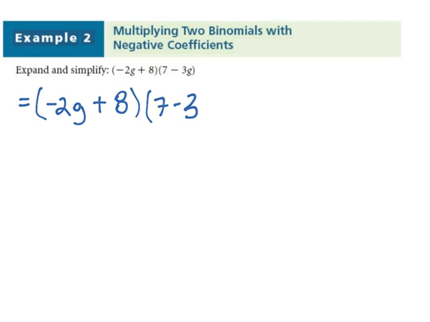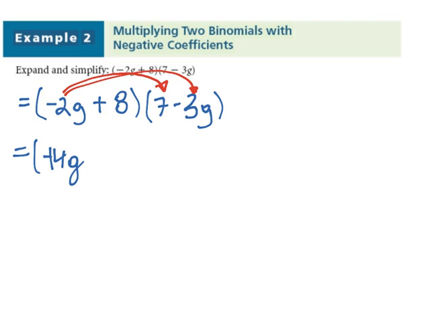Again, it's good practice to draw the little arrows to show what you're multiplying. We'll do that first. Negative 2 times 7 is negative 14, and don't forget the g. Now, negative 2g times negative 3g is positive 6, and g times g is g squared.